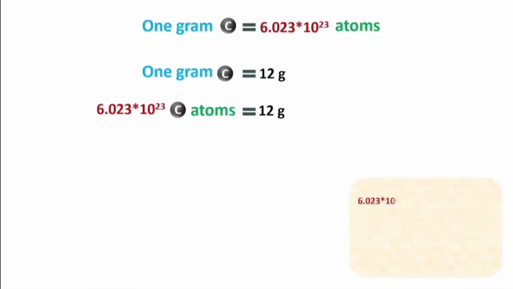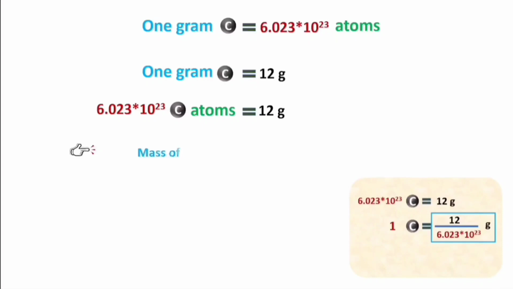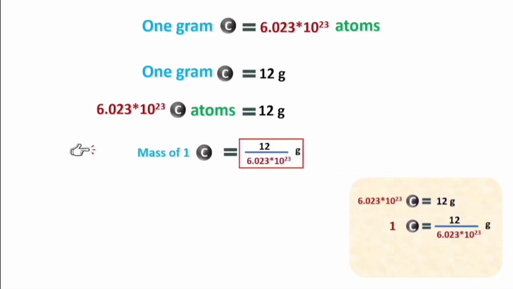So to get the actual mass of one carbon atom, we simply have to divide the 12 gram by 6.023 × 10^23. So the mass of one carbon atom is 12 upon 6.023 × 10^23 gram.